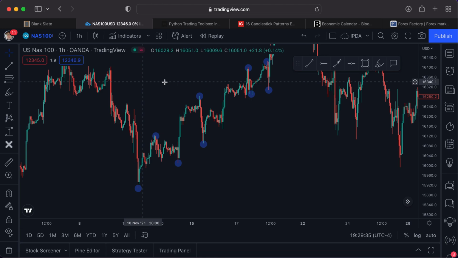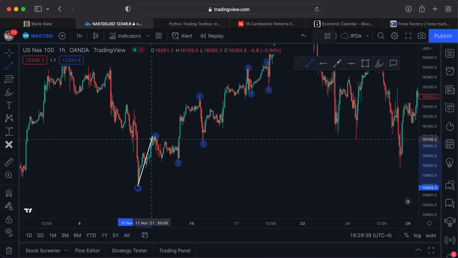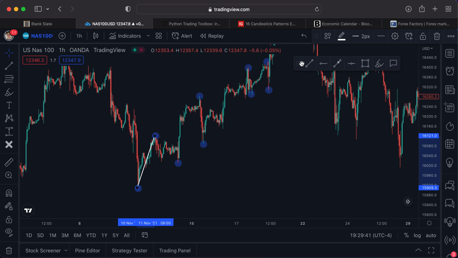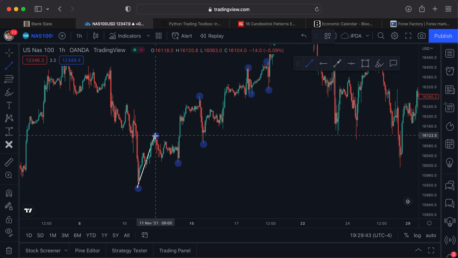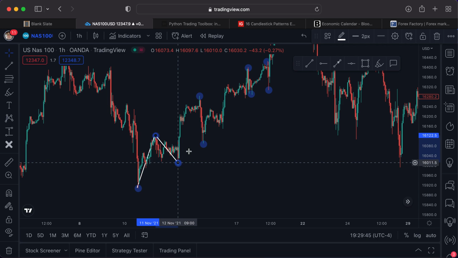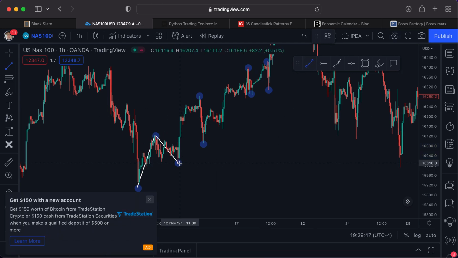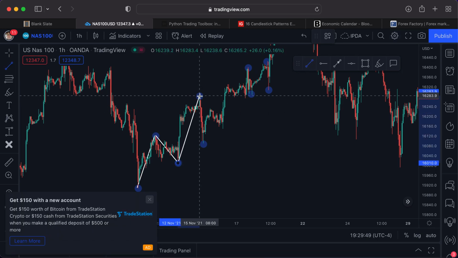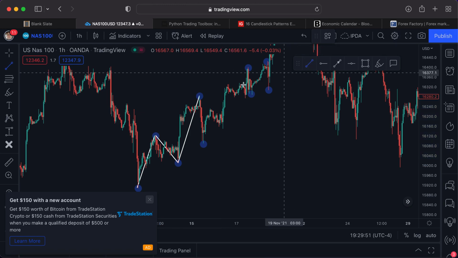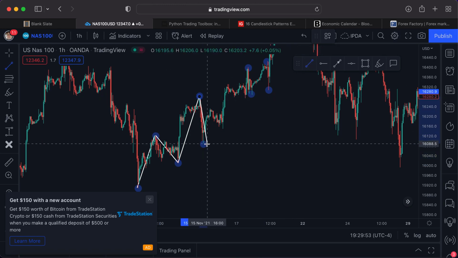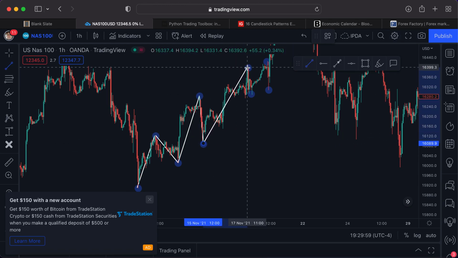Okay, and if we just go ahead and we outline that, connect the dots, you are going to start to realize a similar thing taking place.